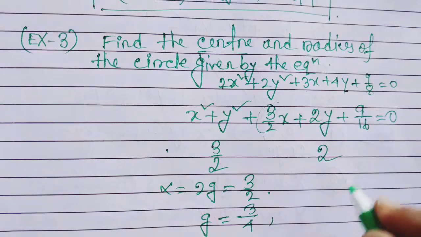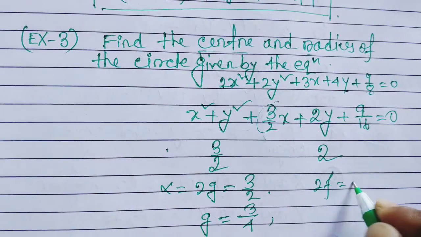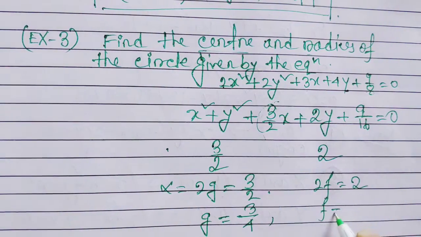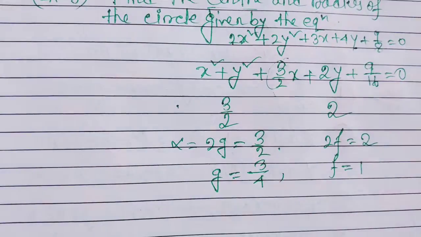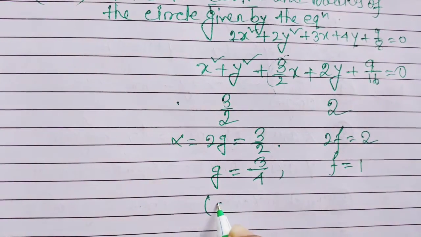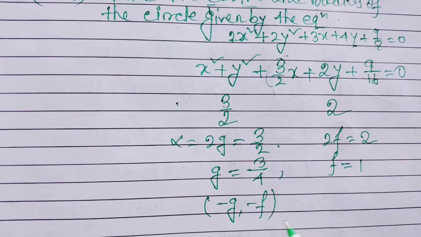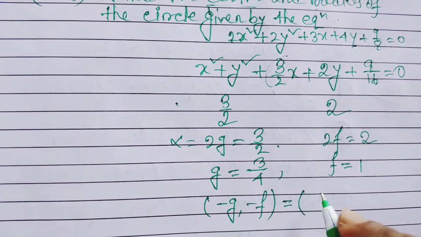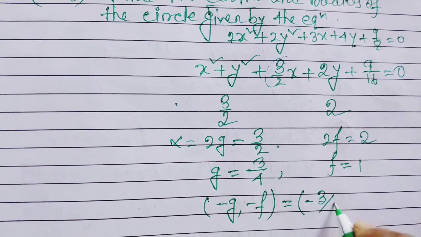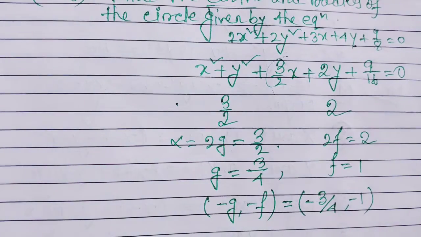And here also 2f is equal to 2 and hence f is equal to 1. So what is the formula of center? The center formula is (minus g, minus f). Therefore the center will be (minus 3/4, minus 1).